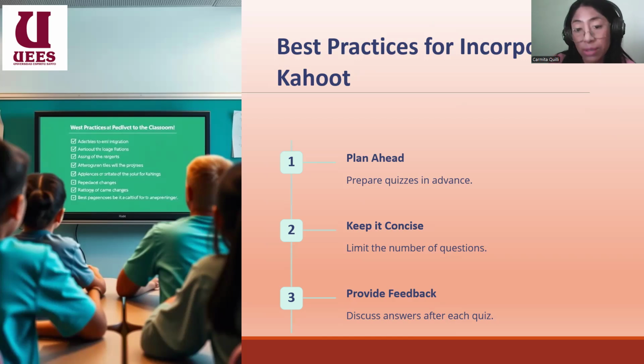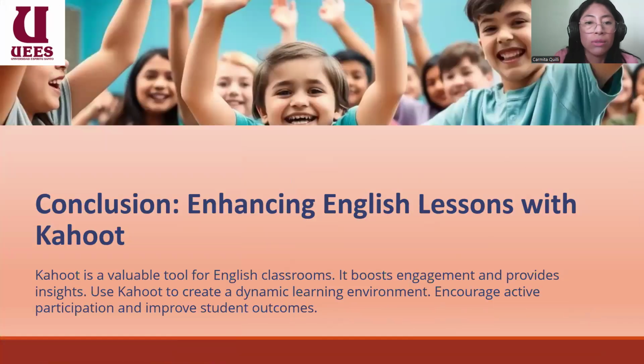Also, keep it concise: please limit the number of questions, and also provide feedback. It's very important that when you finish every game, you discuss the answers after each quiz, to give feedback to the students, because they always have doubts. So let's see.